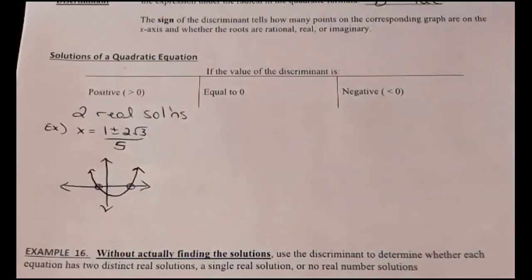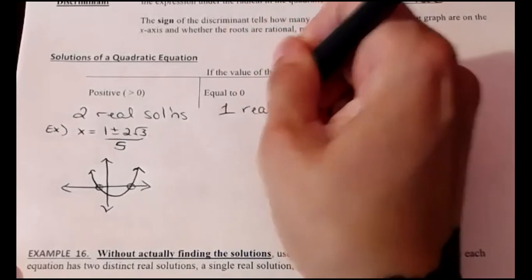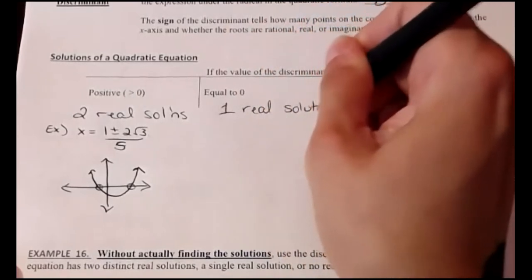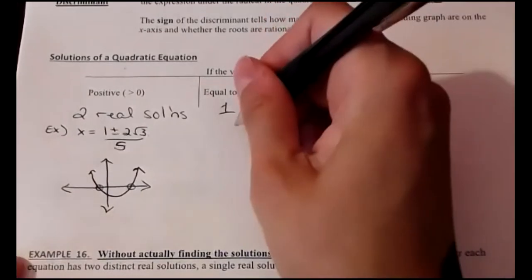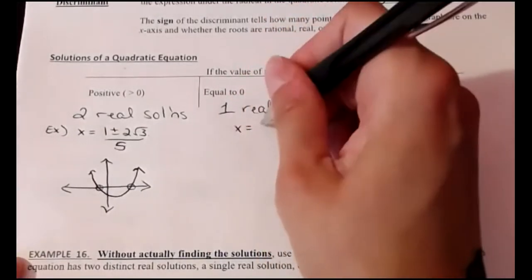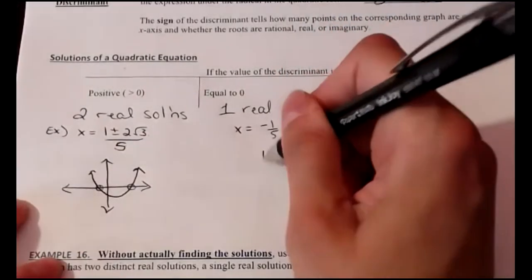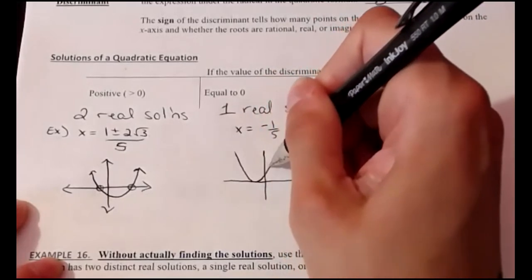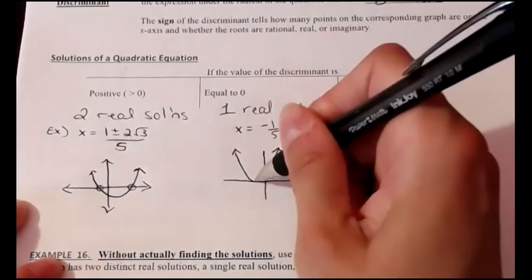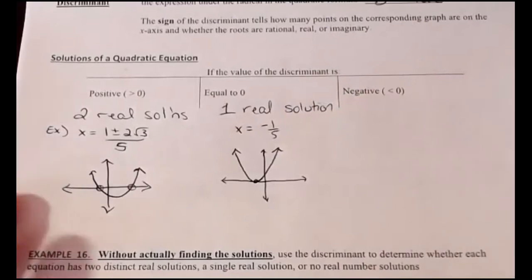If the discriminant is equal to 0, what this implies is that we have only 1 real solution. We saw this already in our previous example. We found that x was equal to -1/5, right? That was the only solution we had. And then when we graphed this, we noticed that it looked something like this, where it crossed the x-axis at only 1 place, which is fine.